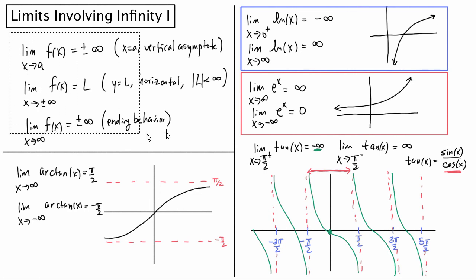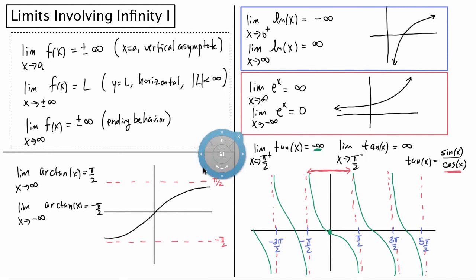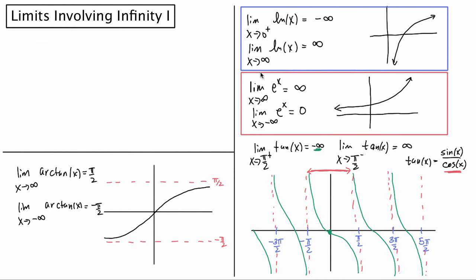So last but not least, I want to take a look at a power function. So we're going to look at the function, it's a reciprocal of a power function. So we're going to look at the limit as x goes to infinity of 1 over x to the n, and the limit as x goes to negative infinity of 1 over x to the n.